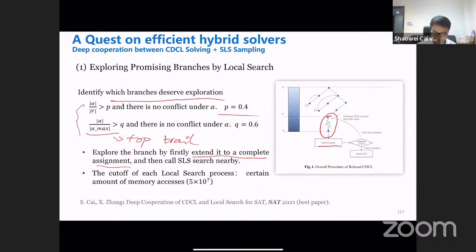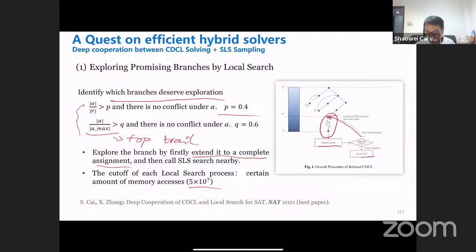We need to limit the time of the local search solver, otherwise the CDCL would be too slow. So in our first version, we limited it to a certain number of memory accesses. If the local search finds a solution, that's great. Otherwise, we return to the cut point and continue the normal CDCL procedure.